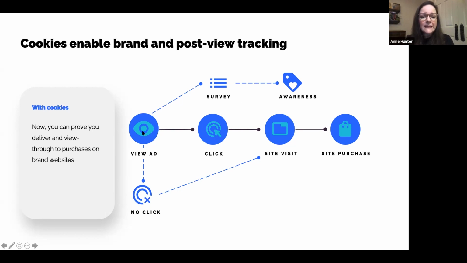When people didn't click on an ad, we could also use cookies to track site visitation. Again, showing that the ad had a priming effect and it had an ability to actually deliver value even if there wasn't a direct click. This ushered in an explosion of money to digital.